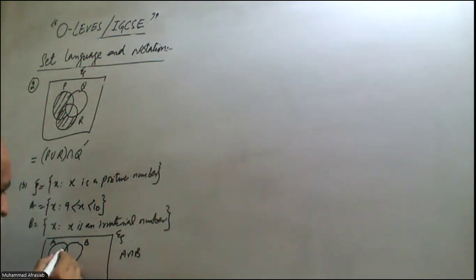This is the set of common elements between A and B. That means they are irrational numbers as well as being between 9 and 10.